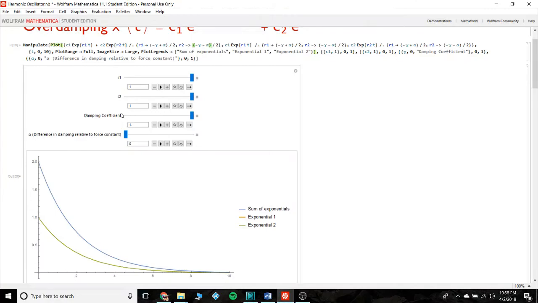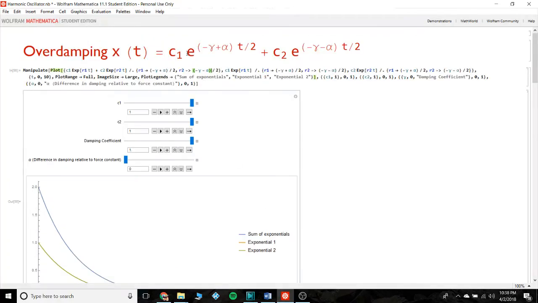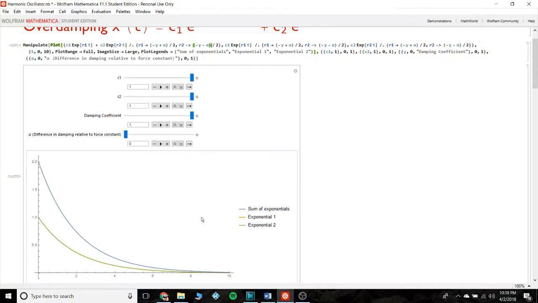And this damping coefficient is actually, our whole function, this blue function, is a sum of two exponentials, these two exponentials here. Let's see, when we increase the alpha parameter, we see, oh, now we can see both exponentials. So we're effectively making one of these terms larger relative to the other, but the blue is staying the sum of both of them.